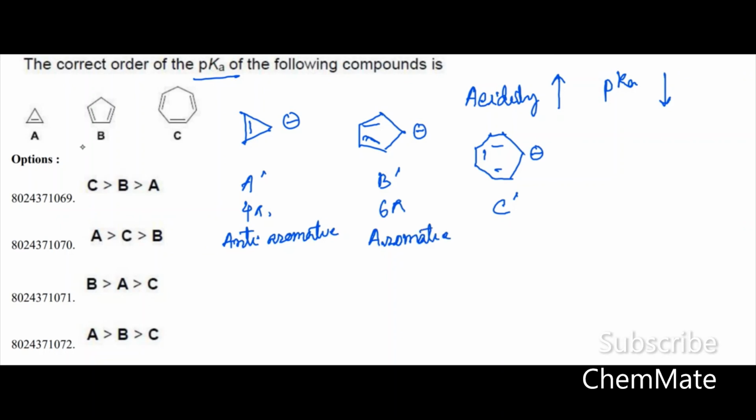And the anion C prime is an 8-pi electron system, also cyclic planar and conjugated, so this is also anti-aromatic.